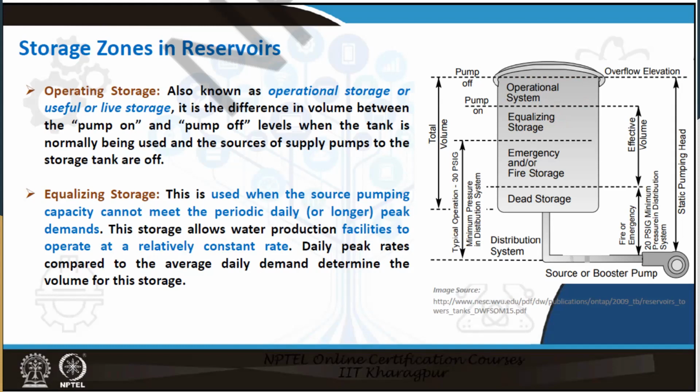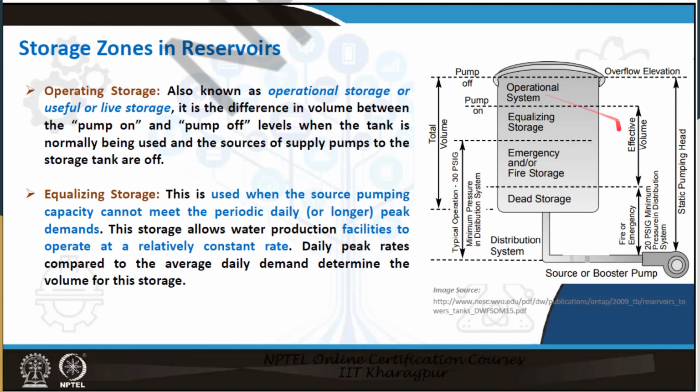Suppose the demand of water for a particular period of time is increasing. Usually the water available in the operational storage will be enough to meet the demand requirement of the population. But say due to certain activities, like a festival happening, or some kind of fair or congregating event, then the demand for water for that particular period would be high.